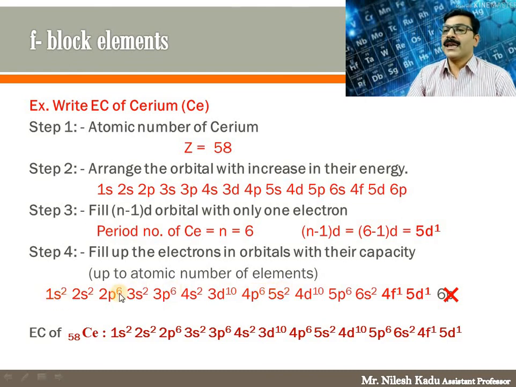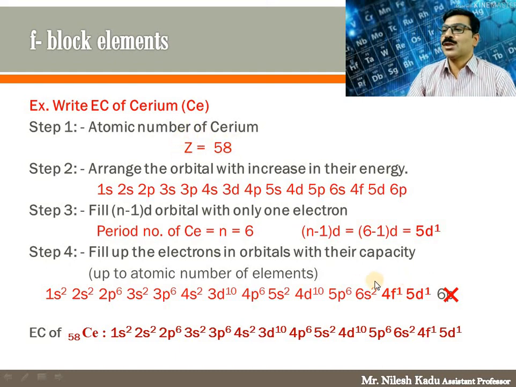So 1s contains 2 electrons, 2s contains 2 electrons, so total 4, then plus 6 plus 2 plus 6 plus 2 plus 10 plus 6 plus 2 plus 10 plus 6 plus 2 and plus 1, total is 57. But the atomic number of cerium is 58.